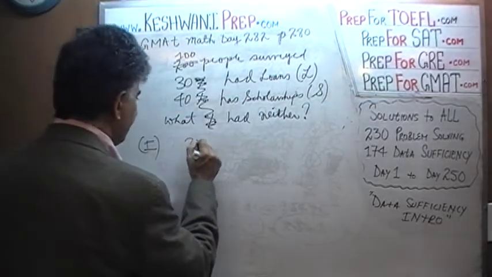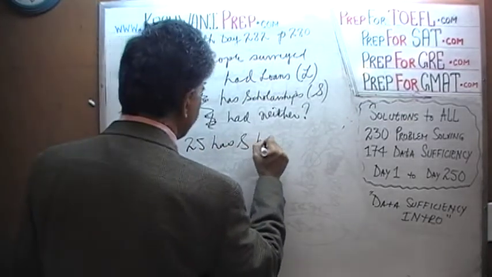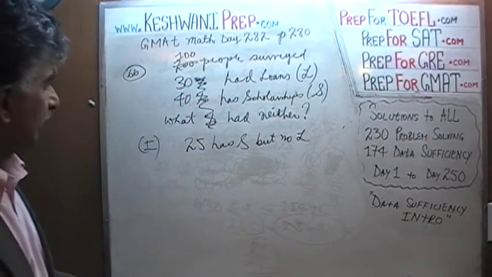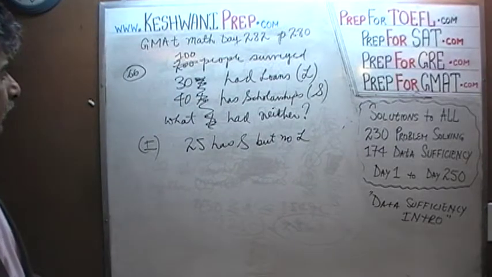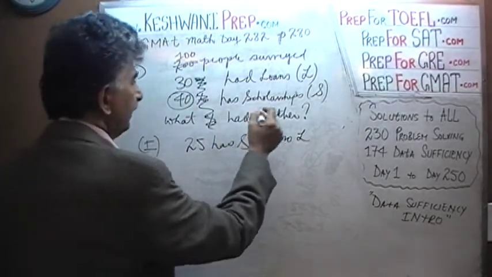First statement tells us that 25 had S but no L. We know that there are 40 of them who had scholarship.